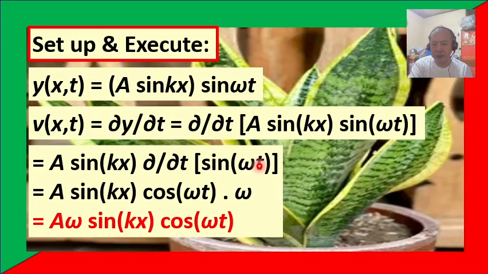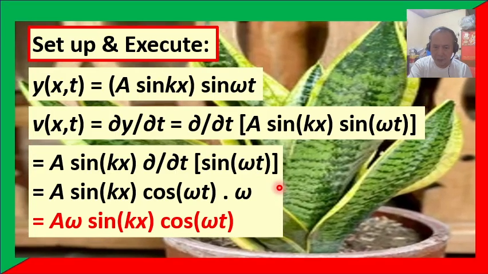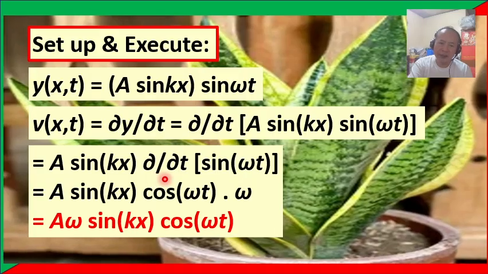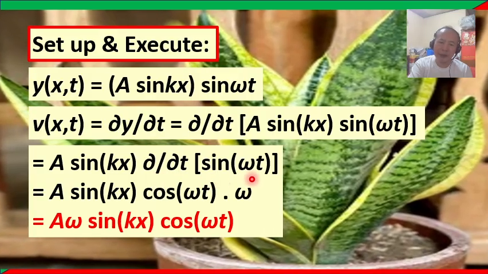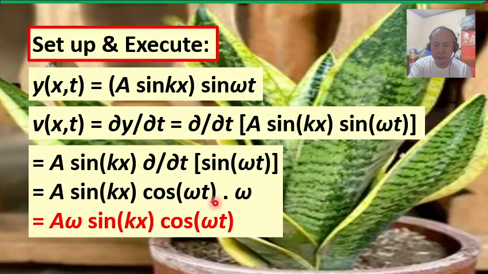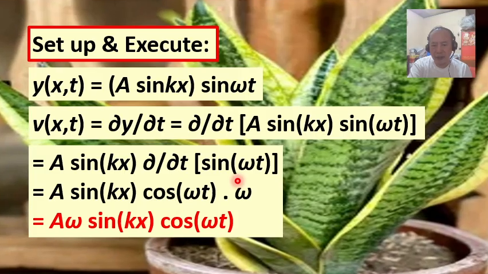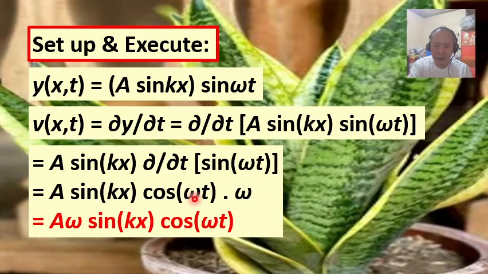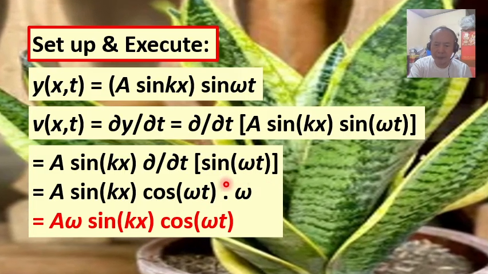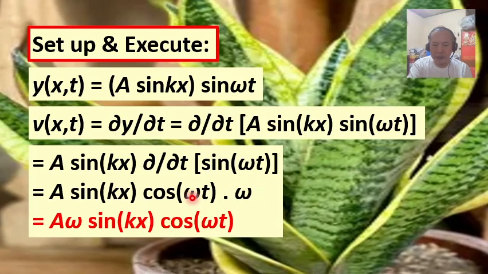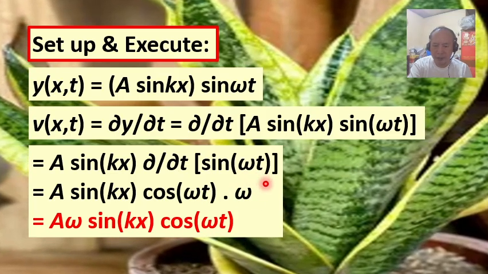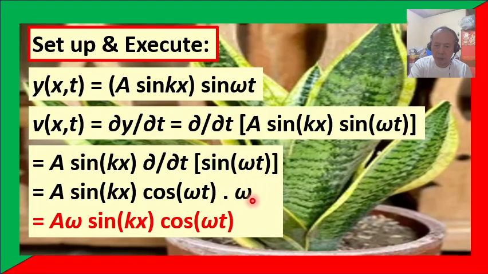We call it the chain rule, which says that the first partial derivative of sine omega t is equal to cosine omega t multiplied by the partial derivative of omega t, which is equal to omega.